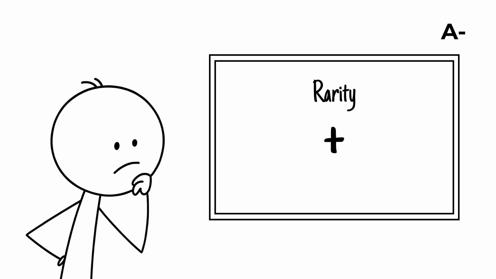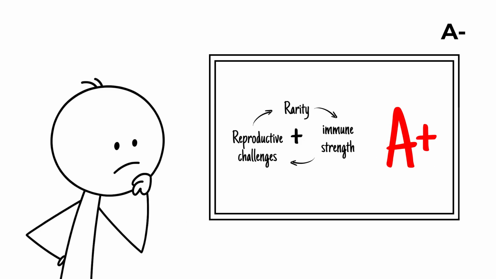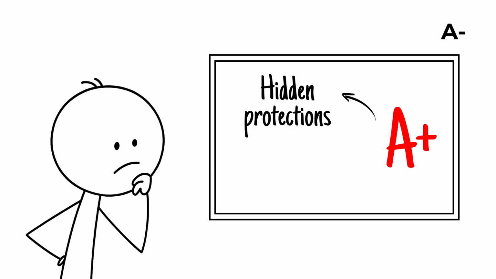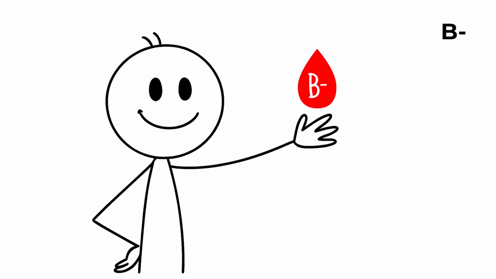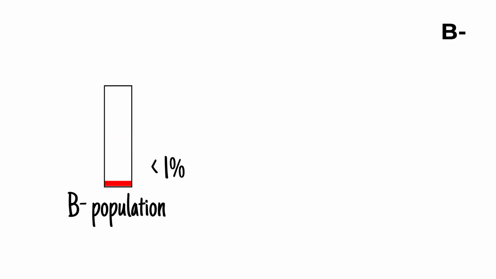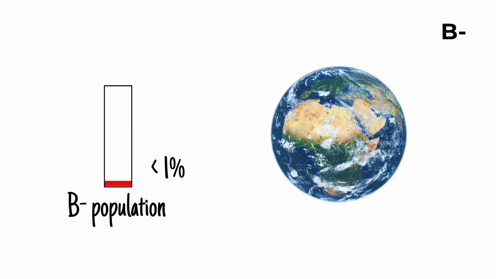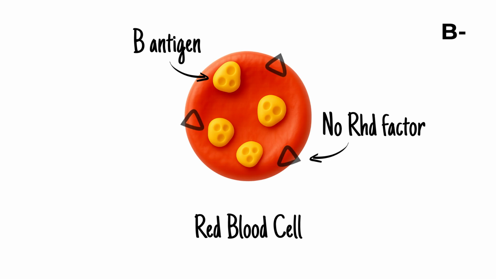The mix of rarity, immune strength, and reproductive challenges makes A negative a blood type defined by both hidden protections and delicate vulnerabilities. B negative is one of the rarest blood types, accounting for only about 1% of the global population. This type is defined by the presence of B antigens on red blood cells and the absence of the RhD factor, the RhD antigen.